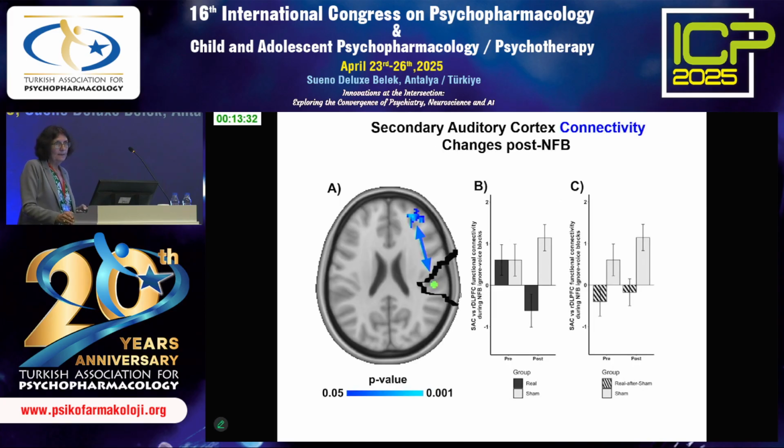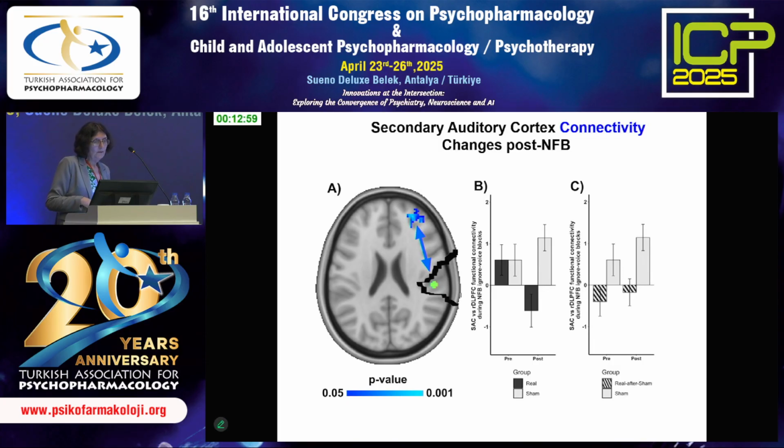And secondly, we also have seen changes in connectivity, and the connectivity changes were between dorsolateral prefrontal cortex and secondary auditory cortex, which was kind of interesting, suggesting that, as I was suggesting, the phenomenon that we studied was not circumscribed just to one brain region, but was related to network-wise changes.